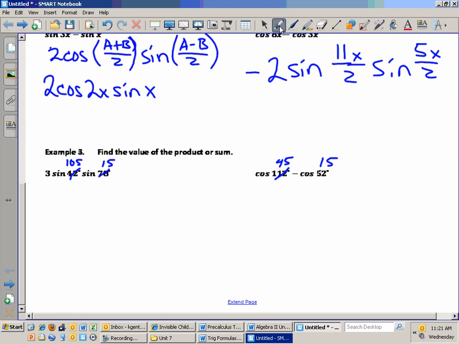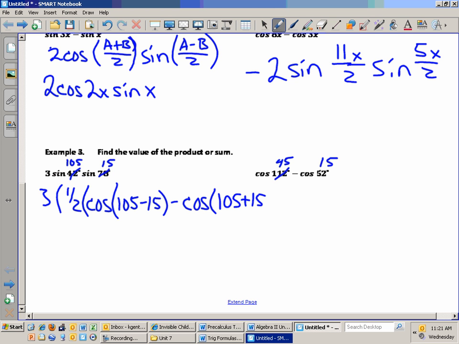So this fits the following formula. 3 times 1/2 times the cosine of them subtracted, 105 minus 15, minus the cosine of them added, 105 plus 15.